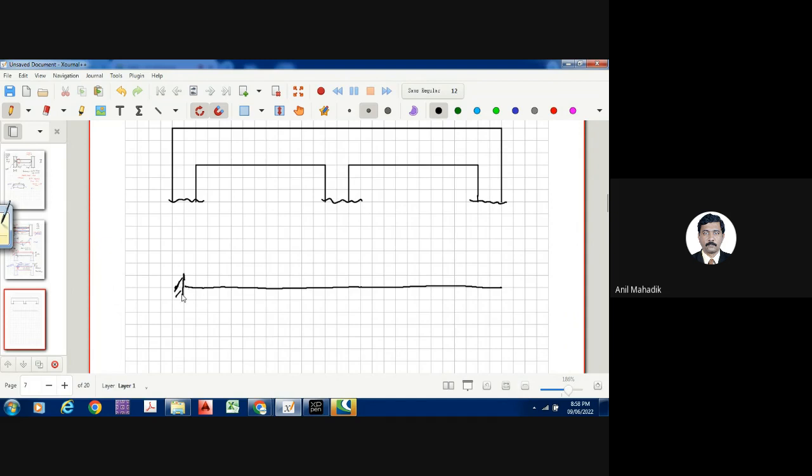If you make it fixed, then these two are fixed, and there will be a continuous support. Generally we show it like this. Okay, as it is continuous, I'm showing it like this. Now due to the load, what will be the bending moment at the fixed support, and then like this, and at the continuous support like this. Now what is your question?